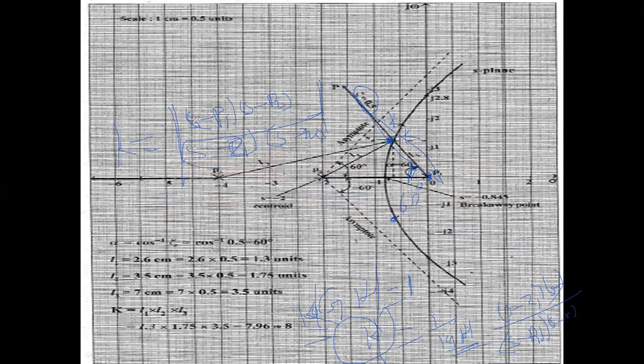This S minus P1 indicates the distance between the first pole and that particular point. Then the magnitude of the second pole to that particular point. This is the point S. So magnitude of S minus P means distance. Here, this is L1, the distance between these 2 points.